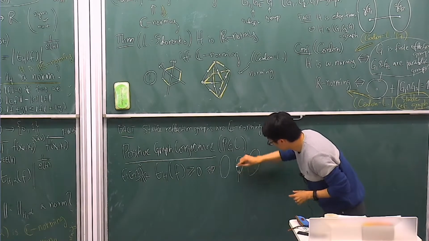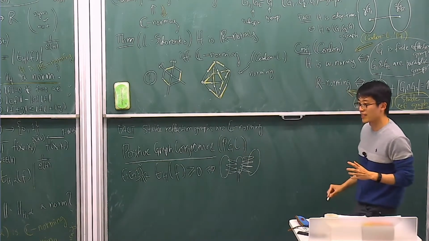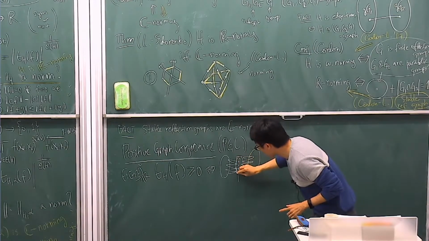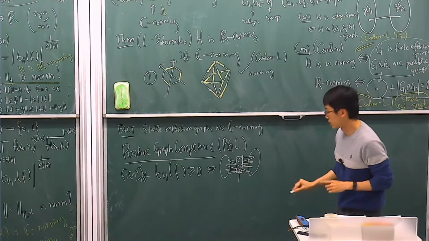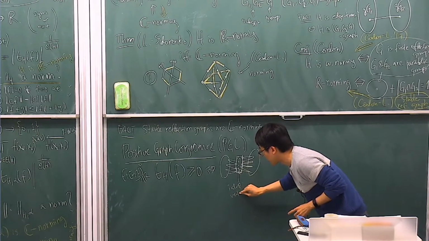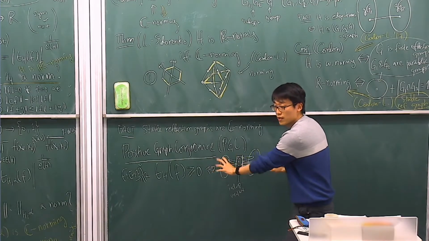So this is a shape, which means here I have an independent set, which is a vertex cut. If I delete this, then these two bunches are disconnected.